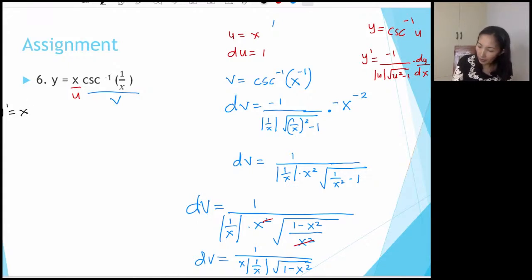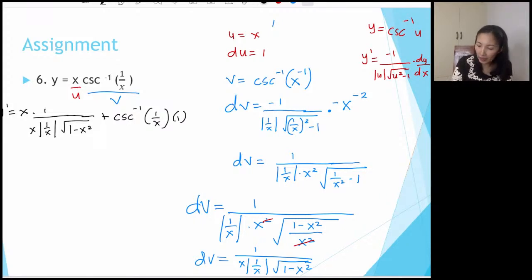Okay, dv is the whole of this: 1 all over x times the absolute value of x, square root of 1 minus x squared, plus v du, v is our arc cosecant of 1 over x times du is 1.